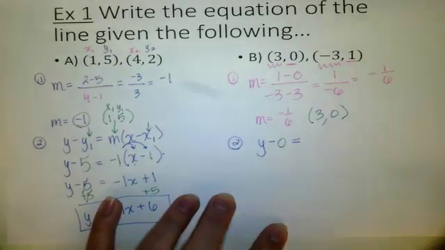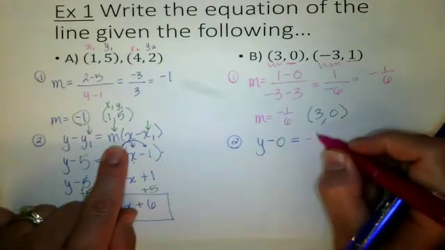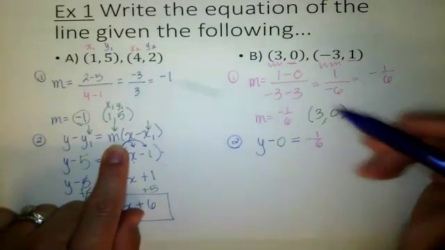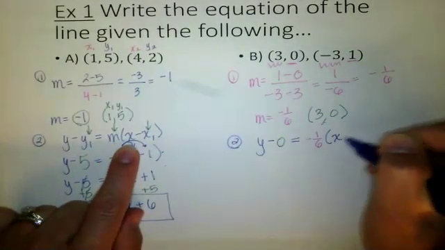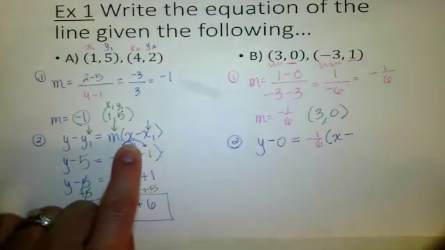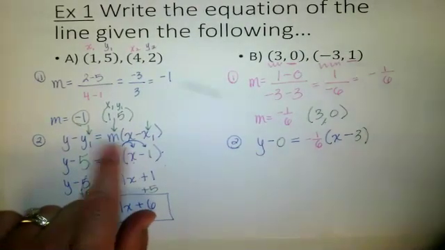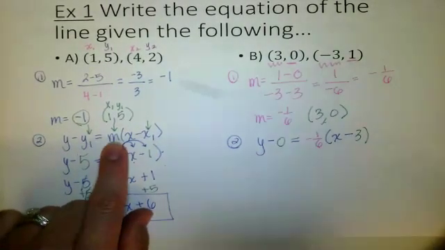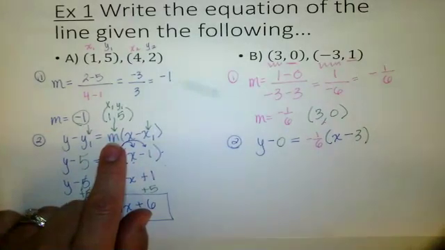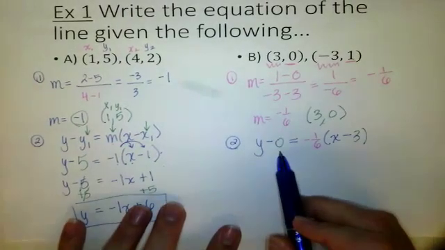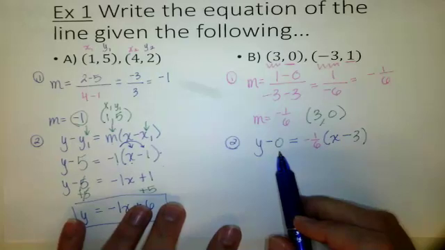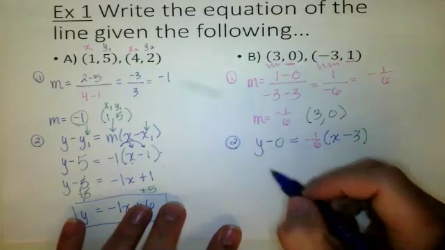What should I plug in for the m? Negative 1/6 times the quantity x minus what? 3. Yeah. Plugging in for the x1 and y1 and slope. What is y minus 0? Just y.